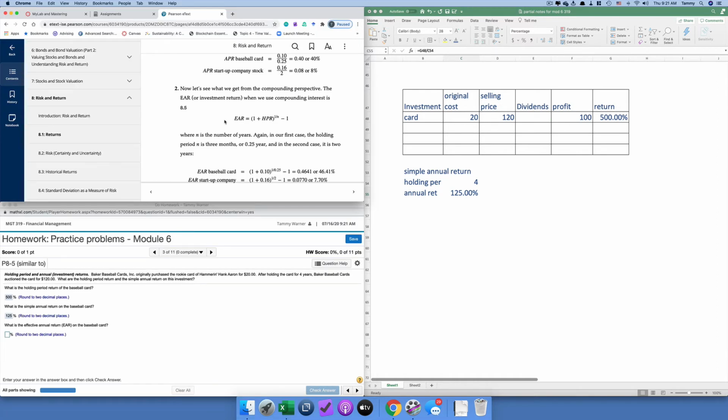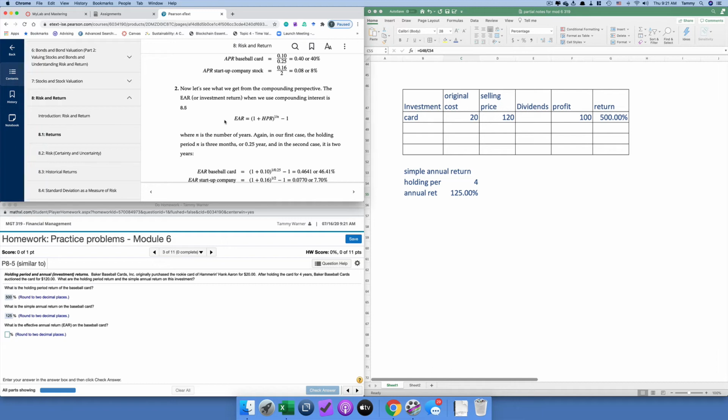Now, the effective annual return, right, instead of just dividing up your total return by the number of years that you're holding it, assumes that you're compounding interest, and so you're reinvesting. If you were reinvesting and reinvesting, to get a total return of 500%, you wouldn't have had to get as much interest at the beginning.